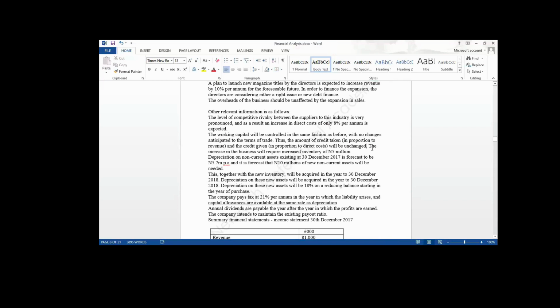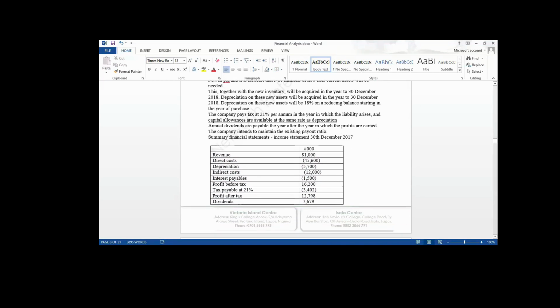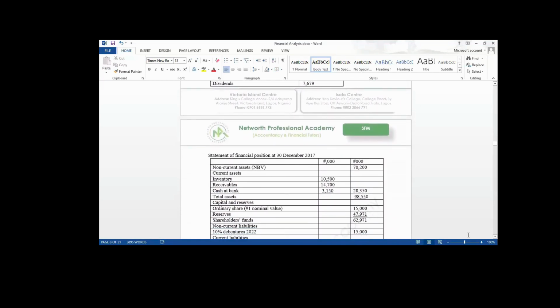Next, the increase in the business will require an increase in inventory by 5 million. Inventory is an item of the balance sheet. Let's look at it. Please look at 2017. Inventory was 10,500. This will increase by 5 million, that is 5,000.